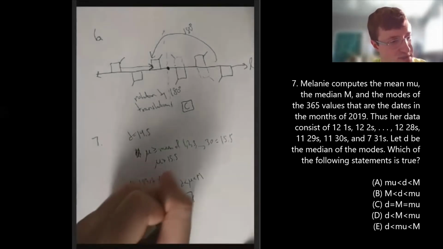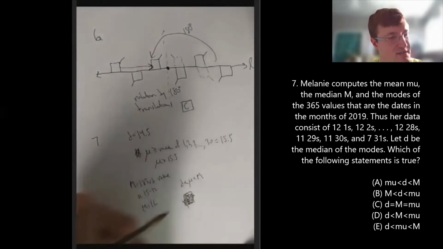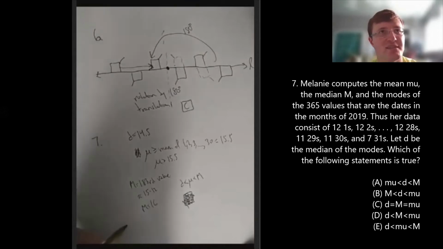Maybe mu is bigger, because if I have data that's skewed, the mean is moved by that more than the median generally.